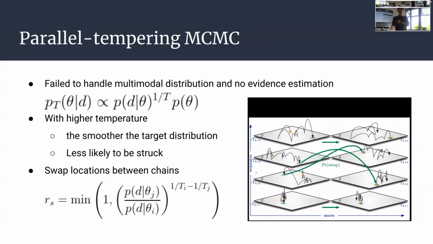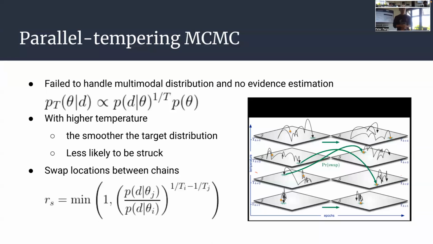For the MCMC that we see, it's very hard to handle this kind of multimodal distribution. The Q has to be not too wide and not too tight, so it's very hard to make a good Q. Also, you can see that we only get posterior samples and no evidence estimation, and we know that's something we really want.